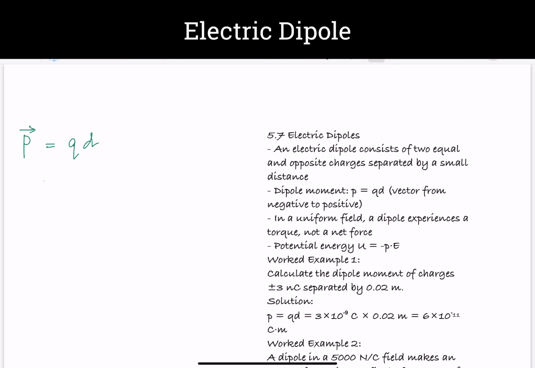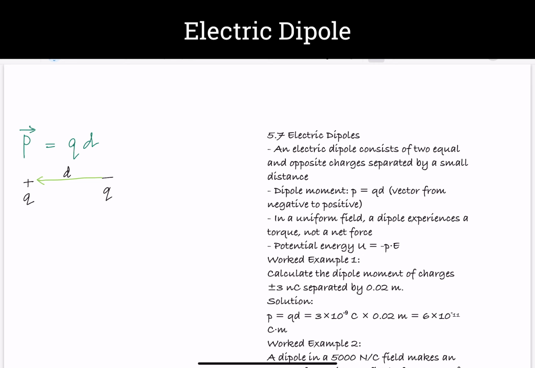So if you have a positive charge here and a negative charge here, both Q, then the electric dipole moment is that way, always from the negative to the positive. And obviously, D is the distance between the two charges.